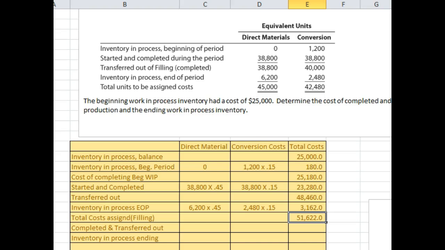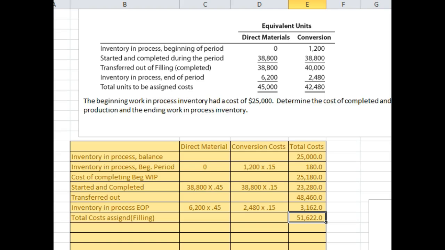So that's kind of how this all plays out. And these we are not going to use. These are just not necessary, so you can just delete those. So we have assigned total cost of $51,622.